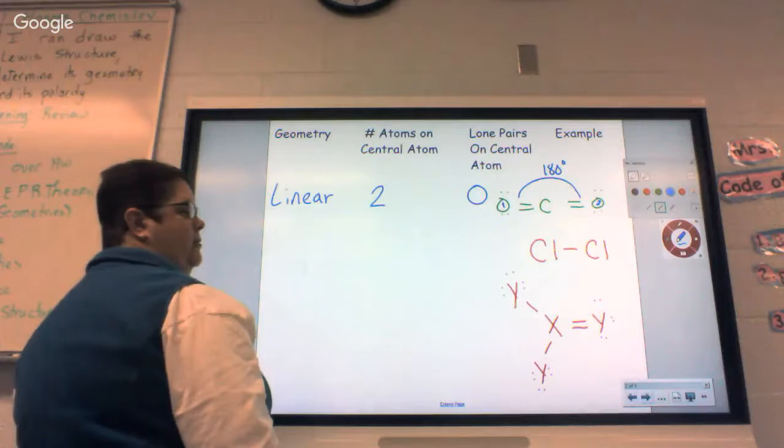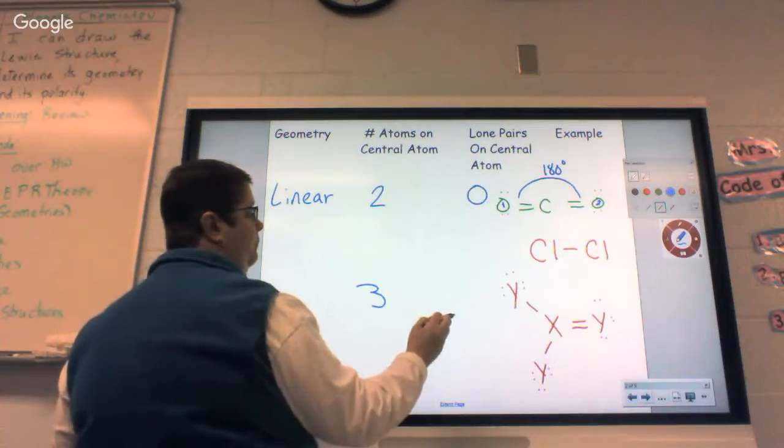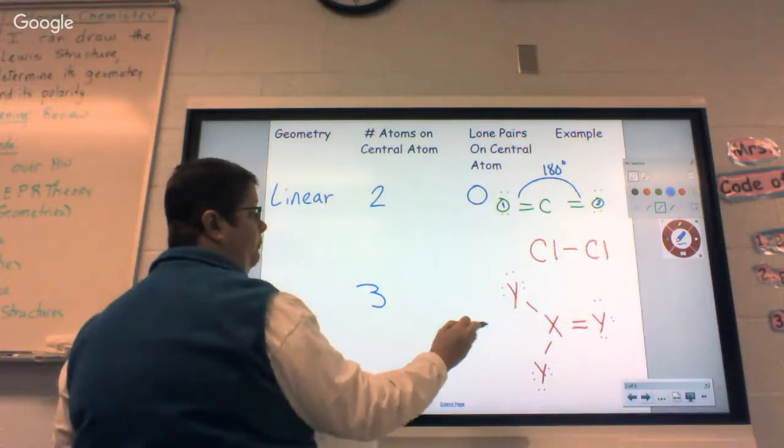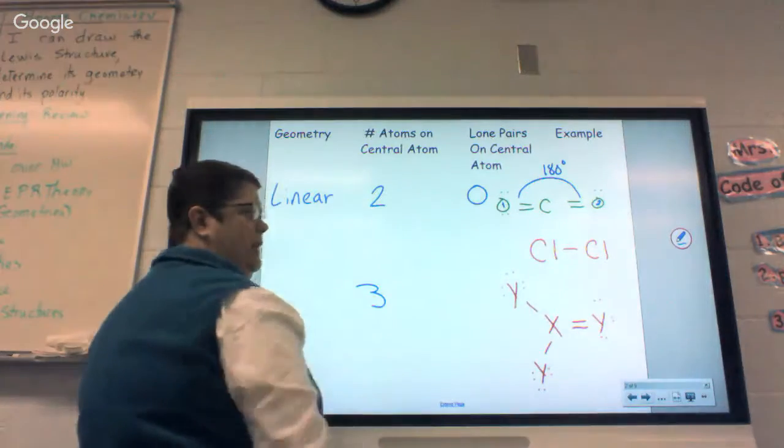How many atoms on the central atom? How many lone pairs? Dot for lone pairs.